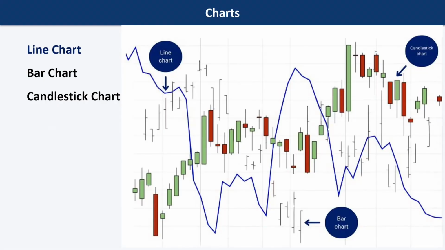In this, what I want to say is, different people like different ways of viewing information, right? So some prefer simple charts and others may want more detailed information. Therefore, we have these three types of charts: line chart, bar chart, and candlestick chart.